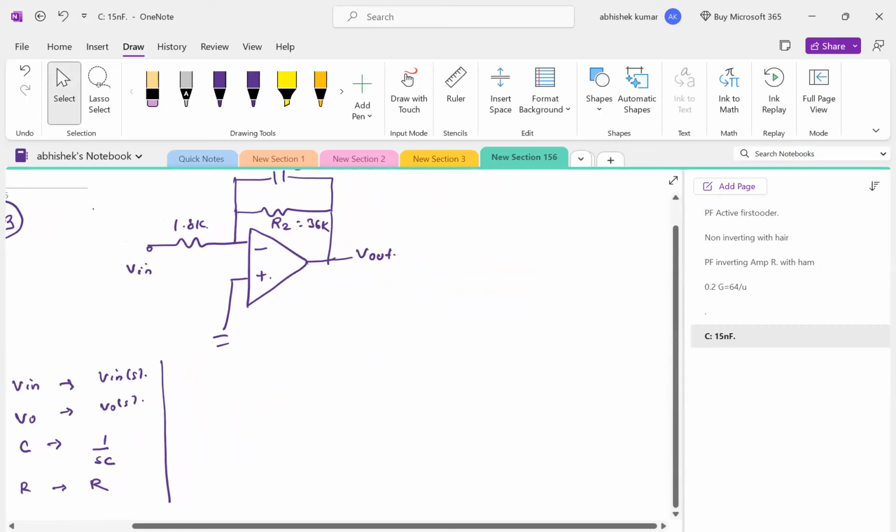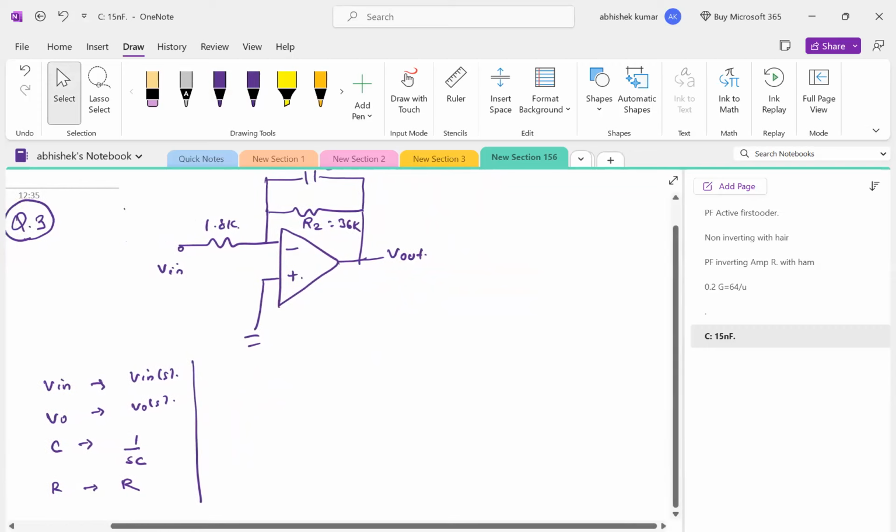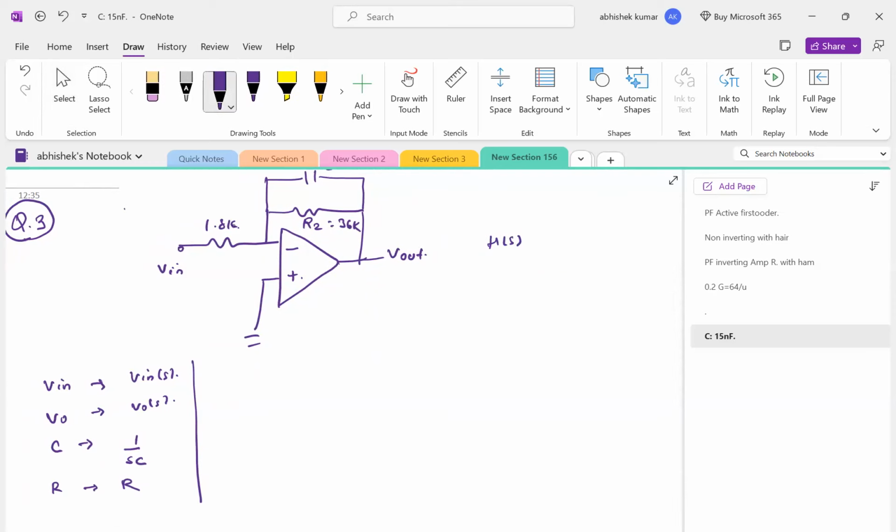Basically, they have asked you H(S), right? They have S term in the bracket, so they are asking you to find the gain. H(S) is nothing but the gain in S domain, which is the Laplace transform of every element and every signal.